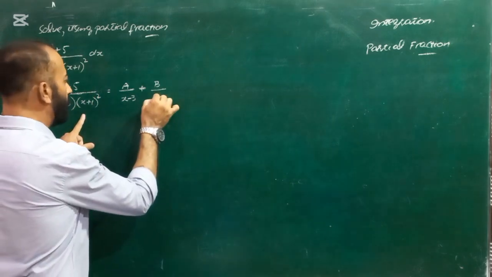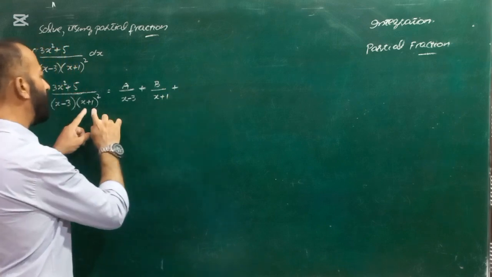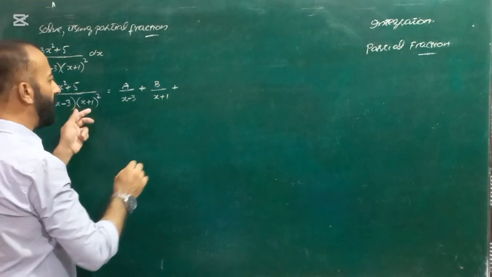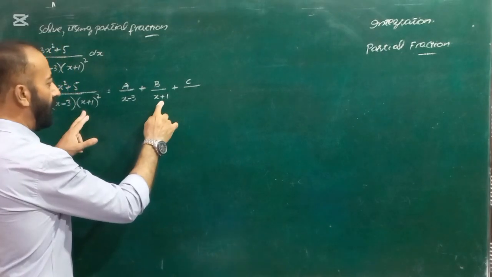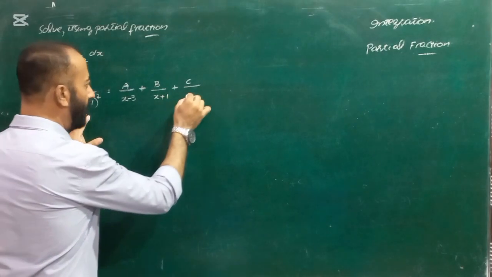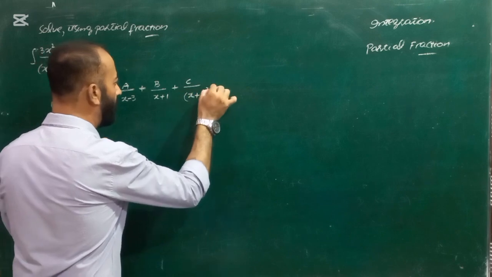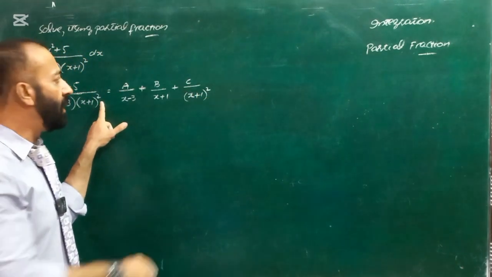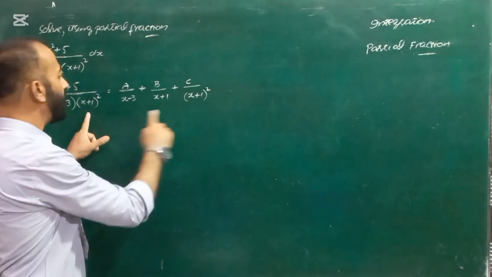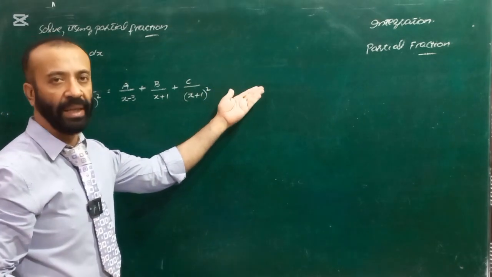Next, again because the linear power is there in the bracket, C over the bracket with power 2. If there comes power 3, then D over x plus 1 raised to power 3 will be there.